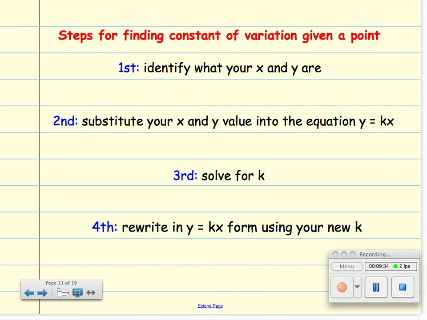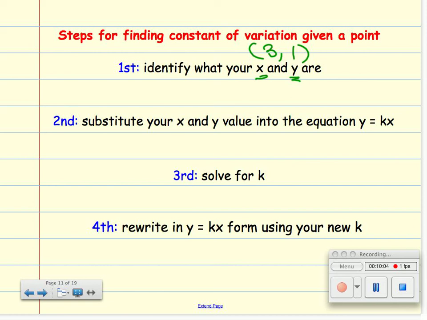The next application of direct variation is finding the constant of variation given a point. The first thing you want to do is identify what your x and y are. So they're going to say something like, the point 3,1 lies on a direct variation line.